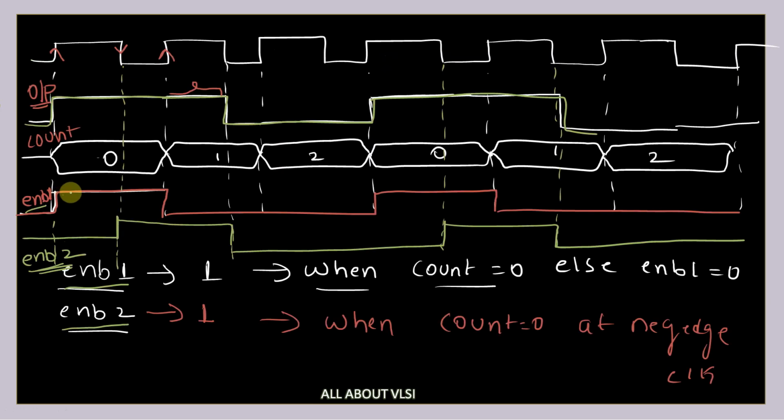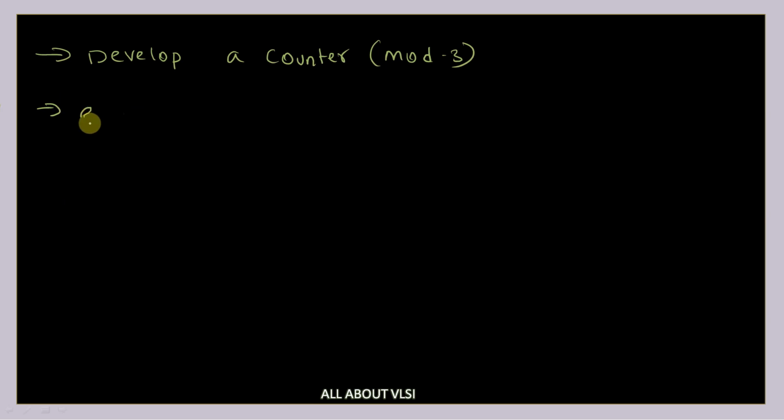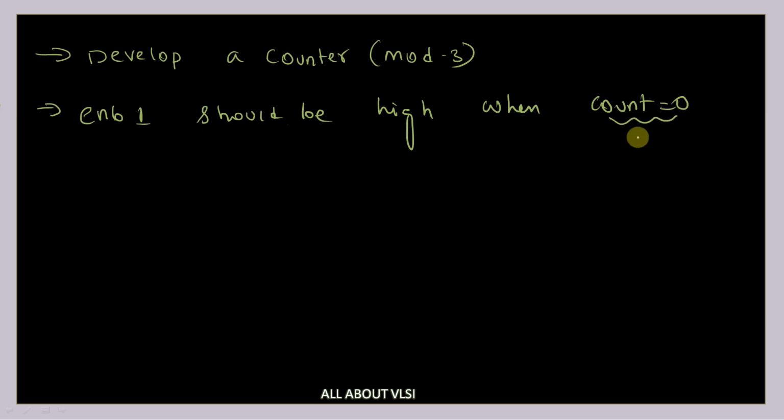So you need to develop a counter, that is, a mod 3 counter. The next step is you need to consider two signals, one is enable 1 and another is enable 2. Enable 1 should be high when count is equal to 0, and this counter is basically a positive edge counter.